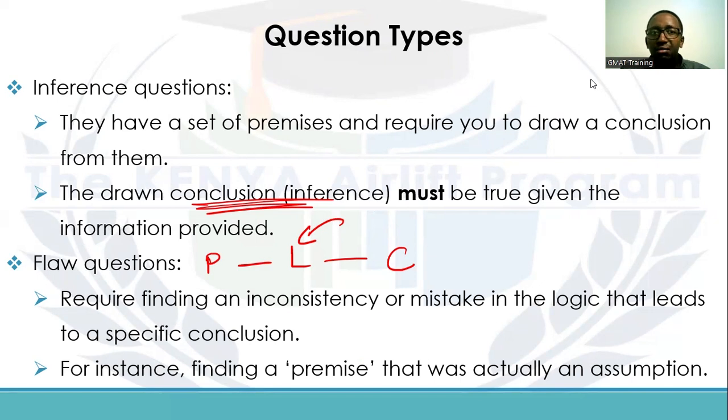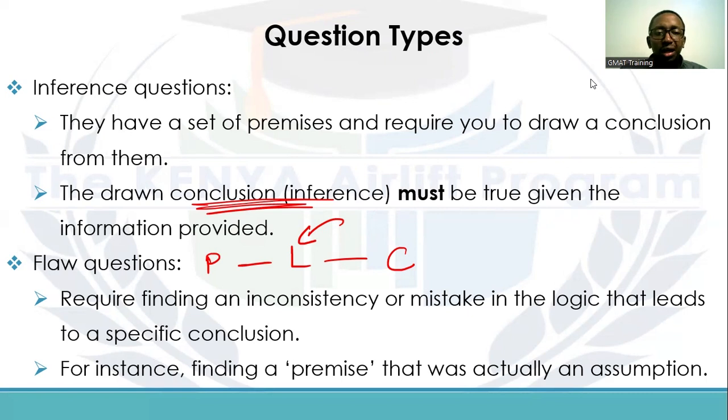And there are a number of ways in which there can be a flaw, either overlooking a stated premise or making an assumption that isn't actually true, or simple things like mistaking cause for an effect or the opposite of that.